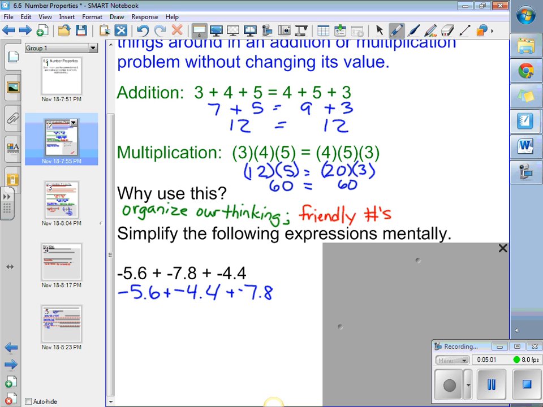Together, this negative 6/10 and this negative 4/10 are going to give me 1. And this negative 5 and this negative 4. So these two together give me 1.